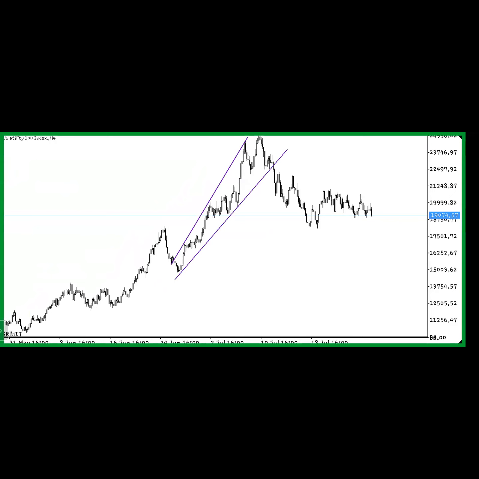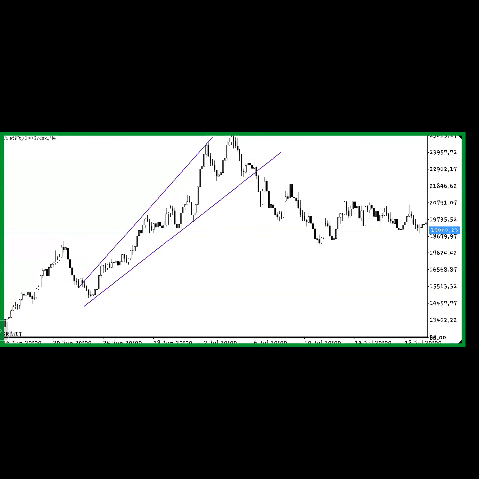So this is an ascending channel on the H4 time frame.